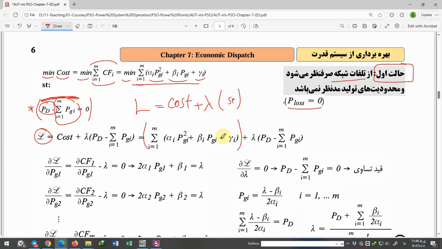And after that, when you construct the Lagrangian, this is the Lagrangian equation. The next step is finding the rate of change of the Lagrangian with respect to the variables. The variables are Pg1 to Pgm.